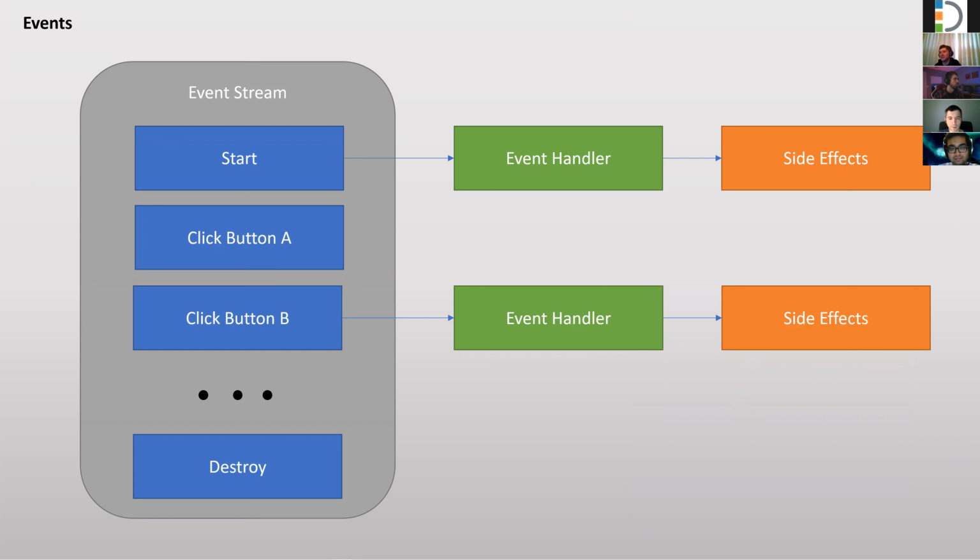Events kind of make things happen on a timeline. It's good to think about events as a stream of things happening, and that's gonna come into play a little bit more later. I may have an event handler attached to clicking button B, but I don't care about clicking button A, so that event on the event stream can get ignored. And then something will happen here.